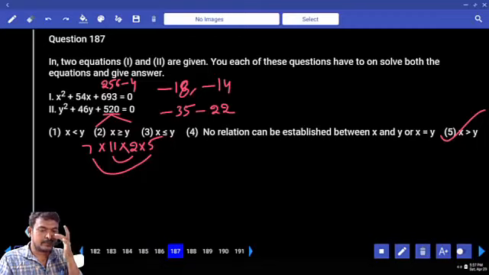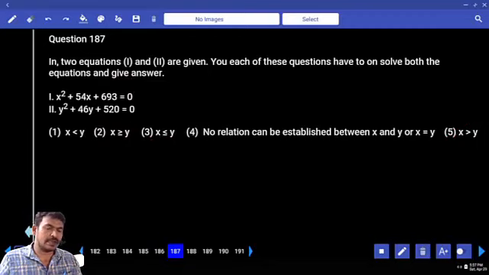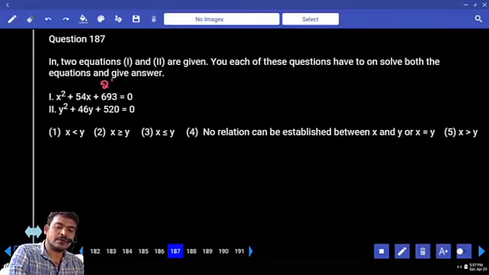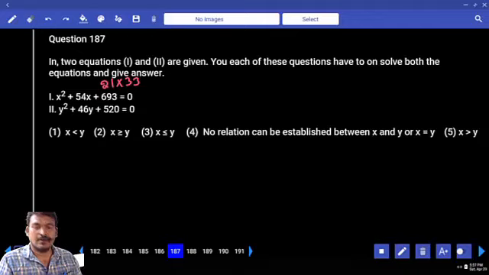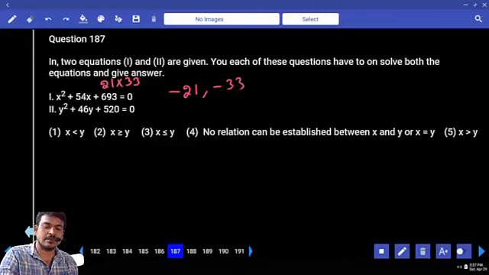Next, 187. X square plus 54x plus 693 equal to 0. 693 is a multiple of 21. 21 how many times? 3 times. Again, 3 times 21 into 33. 21 plus 33 is how much? 54. One is minus 21, another one minus 33.